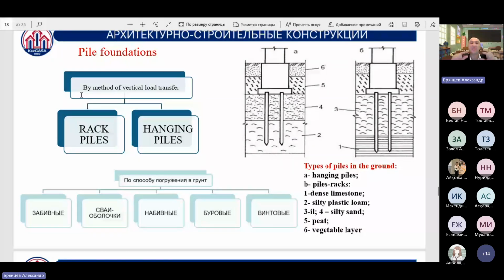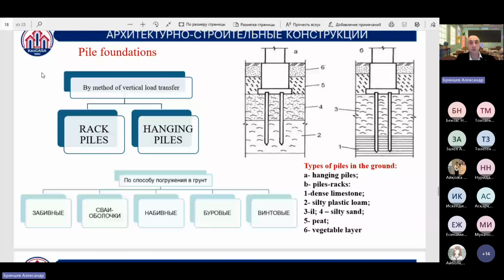And when the groundwater level is very high, for example in Astana or St. Petersburg, the loads should be transmitted through the piles deeper, so more inside the earth.